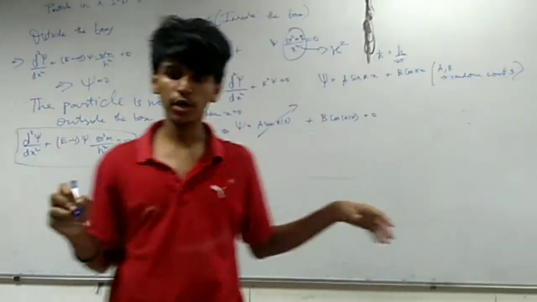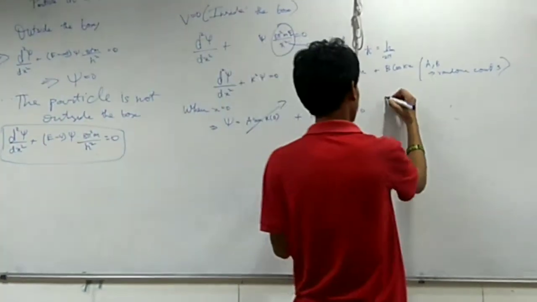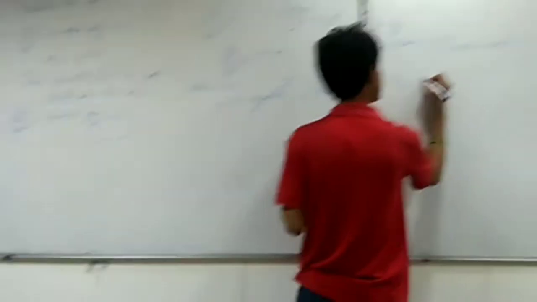We know that ψ at this point has to be 0 because the particle is not there. So ψ of 0 is equal to 0.